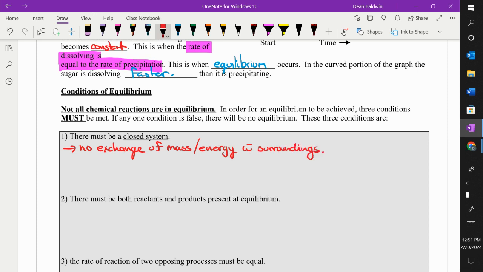Closed systems are not easy to make, okay? When I say no mass, that is pretty straightforward. So if you're forming a gas, you can't have an open top because the gas is going to escape. That's going to change the mass.